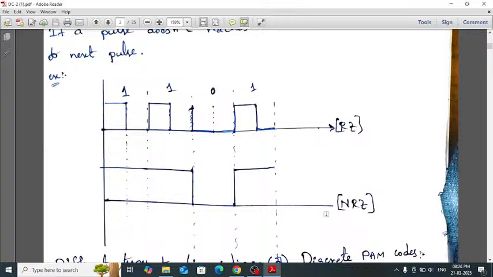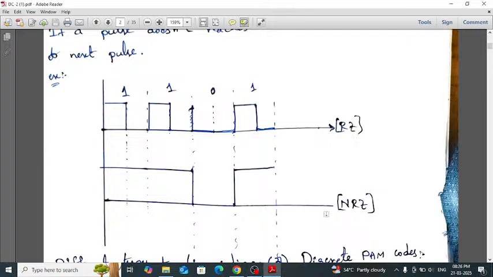After getting the digital data, to transmit it over a channel, we require some line coding techniques. How the 0 has to be represented and how the 1 has to be represented in different line coding formats according to the application. These coding techniques are called line coding techniques, or discrete PAM signals.